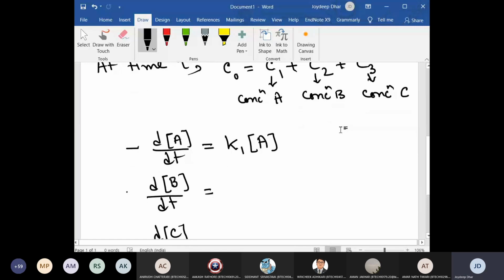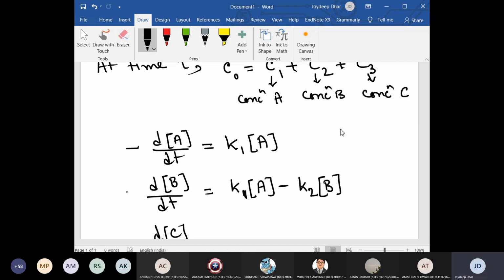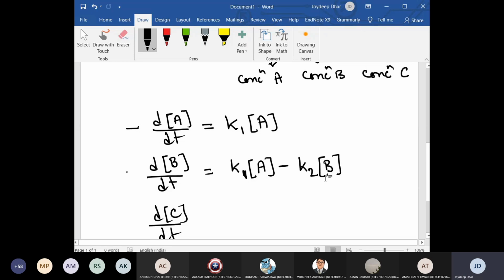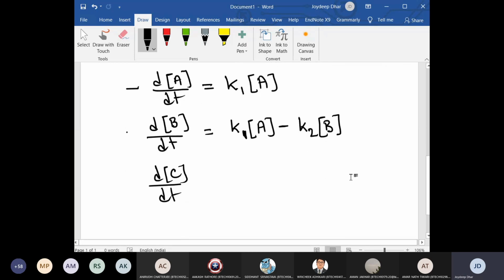So its concentration change will be written as K1 into A minus K2 into B. This is the formation step, K1 into A, the rate of formation, and the disappearance of B is minus K2 into B. And in case of C, the formation of C will depend on the second reaction, K2 into B.